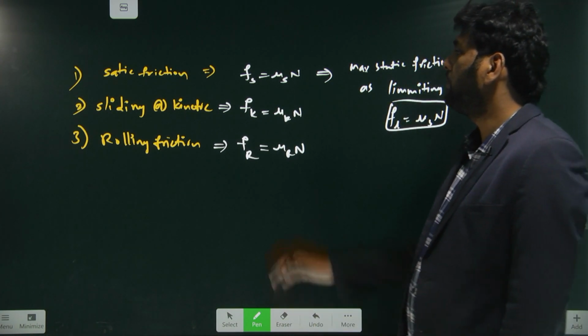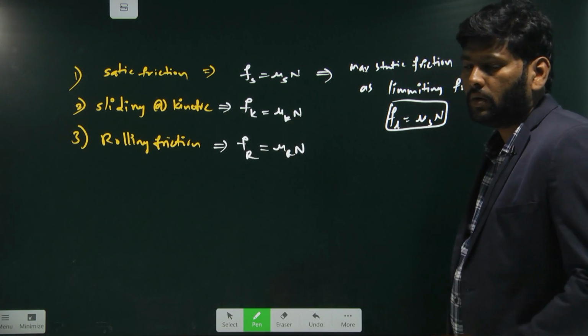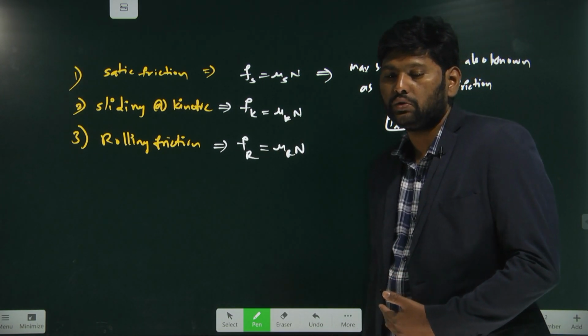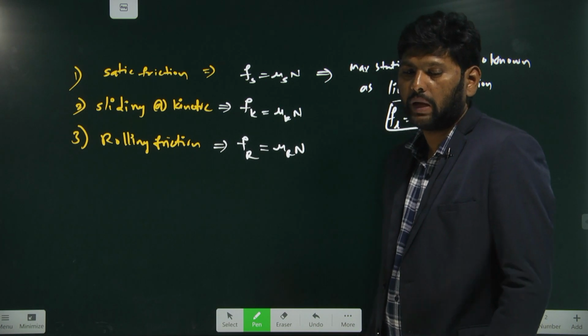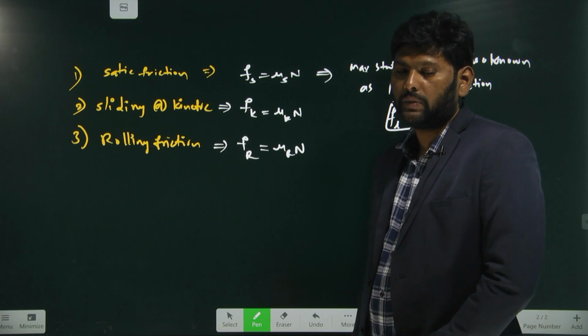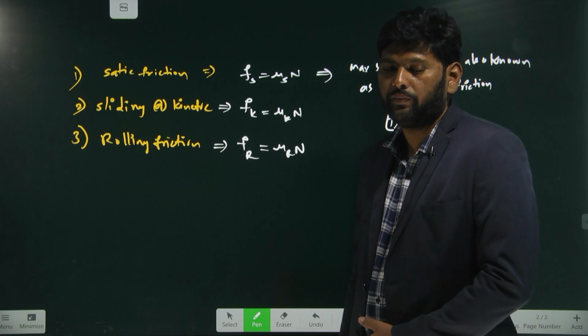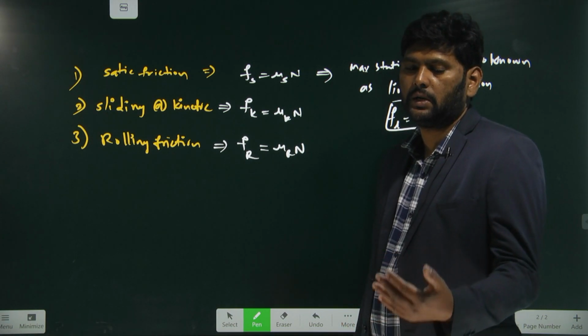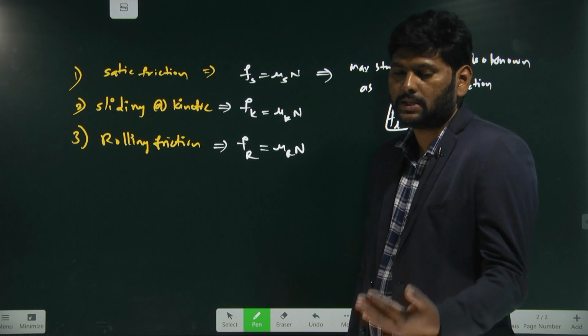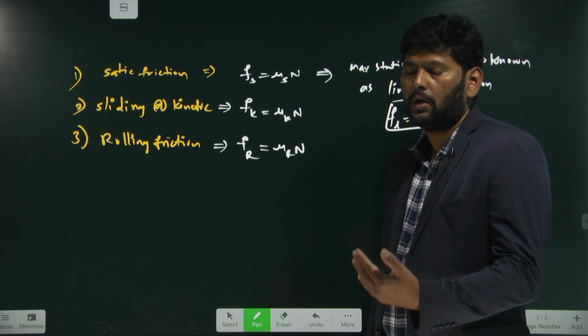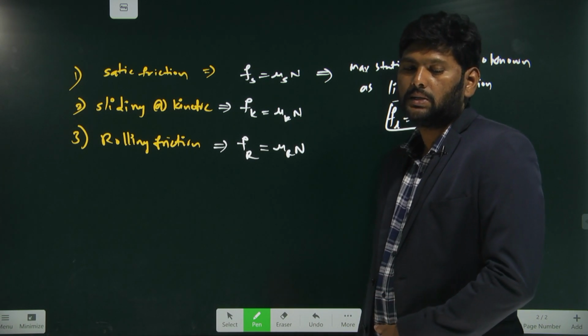Static friction exists when, even though we are trying to move the object by applying a force, the object is not moving. In that situation, the friction force existing between the surface and the object is known as static friction.